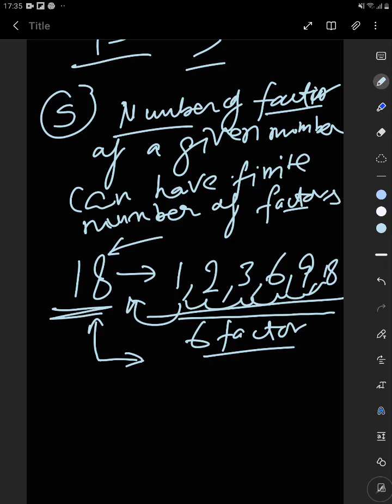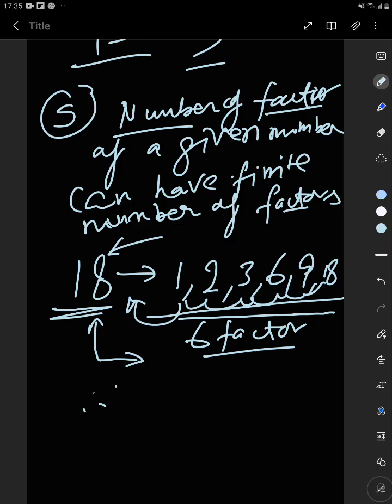So there is a finite number of factors of each number. The number can be as large as you think of, but it will have a finite number of factors because it cannot be infinite. Although it may be difficult to find the factors.